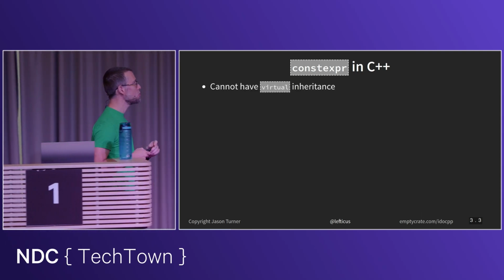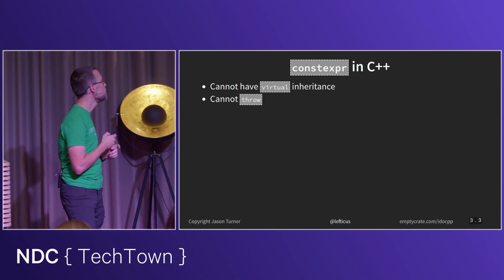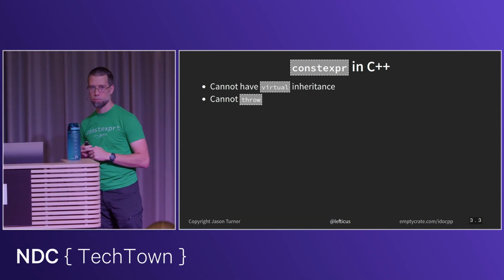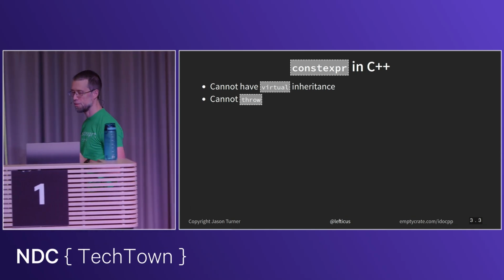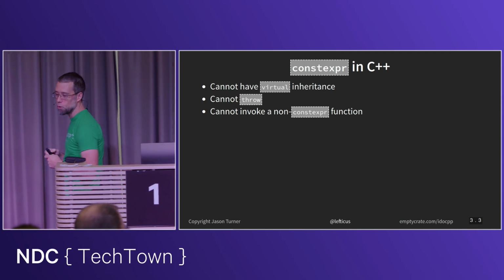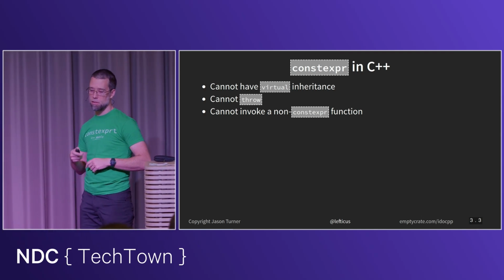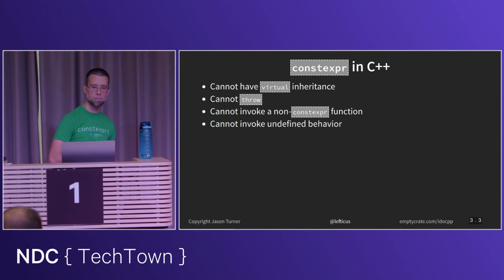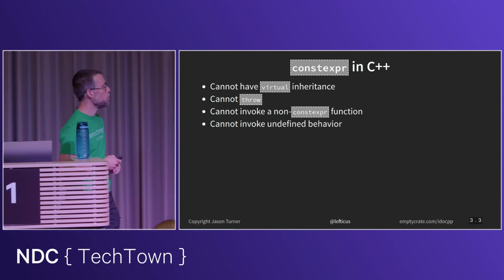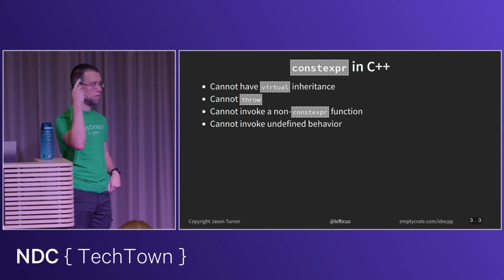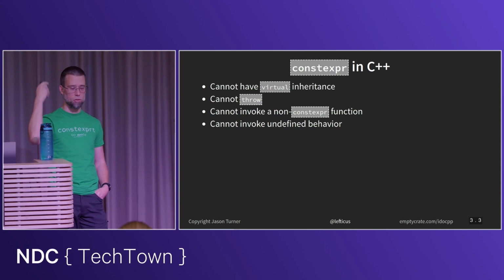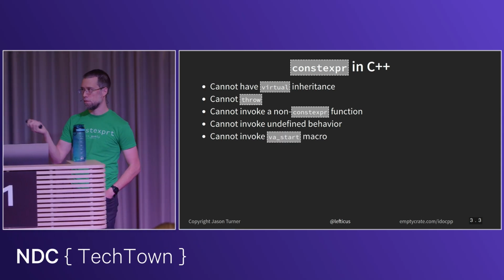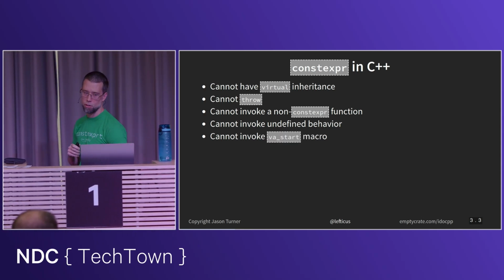You cannot have virtual inheritance. You cannot throw. Yet, says Hannah. You cannot invoke a non-Constexpr function during constant evaluation. You cannot invoke undefined behavior, asterisk, I guess, because that's kind of up to implementation quality a little bit too.